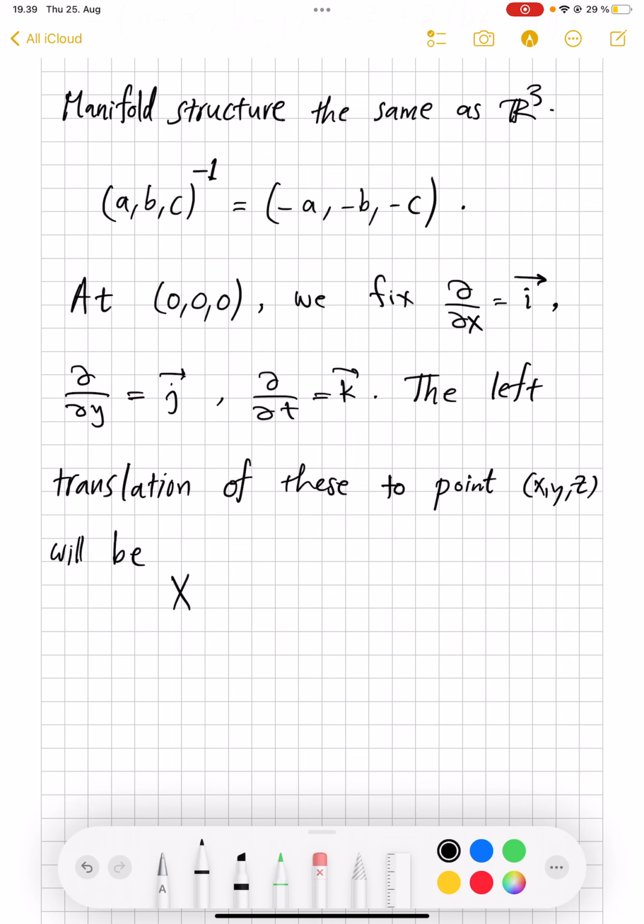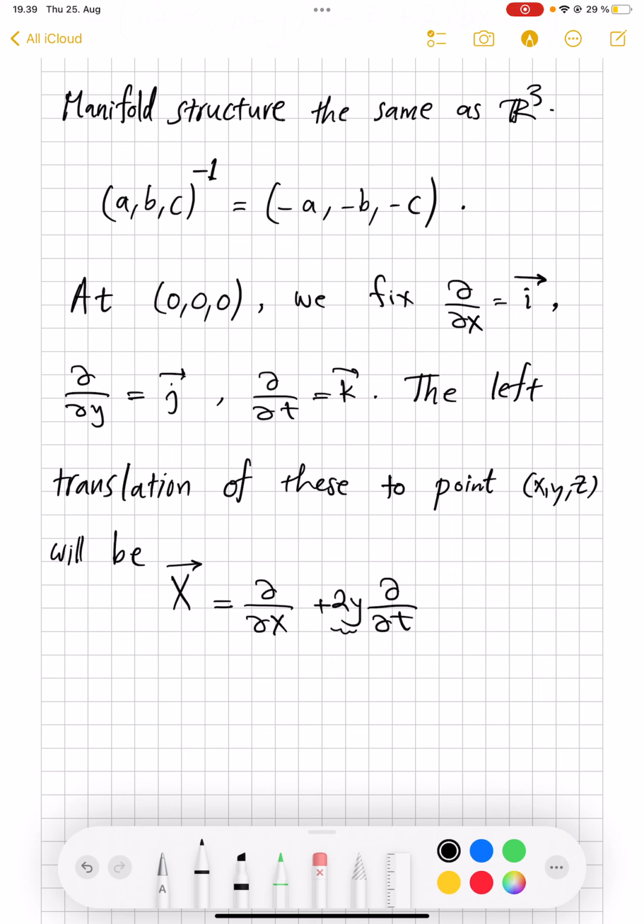The vector that comes from partial x will be denoted by this vector X, and at a point (x, y, z), this will have again this partial x part, but also it will have this additional partial t component.